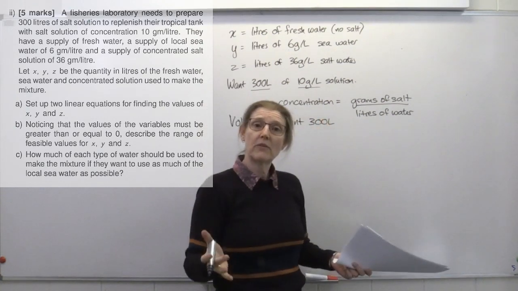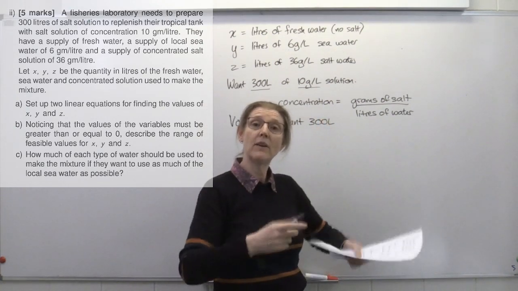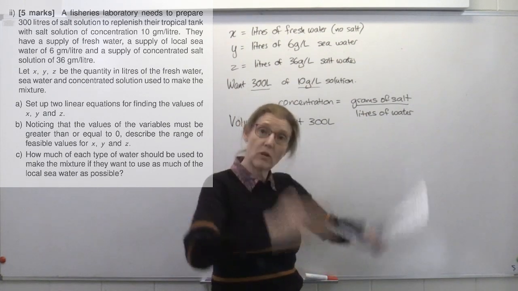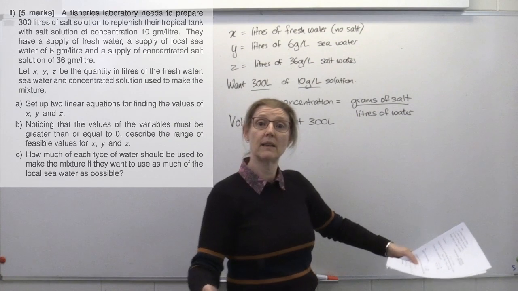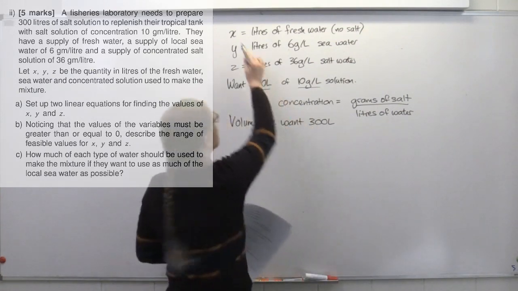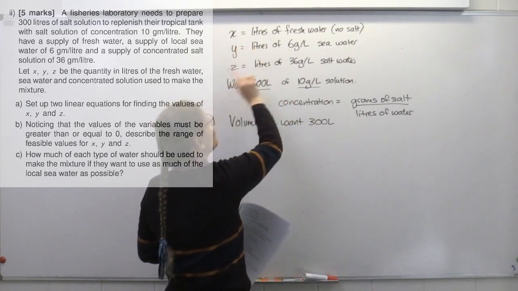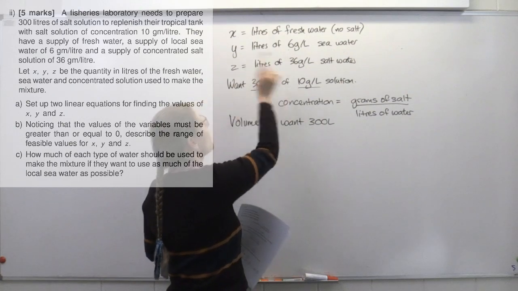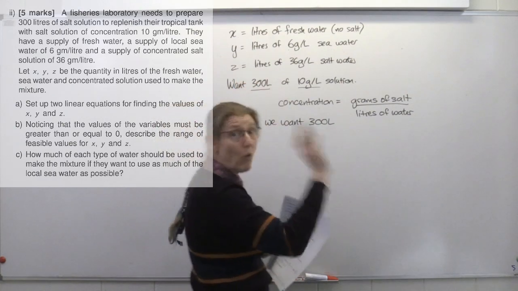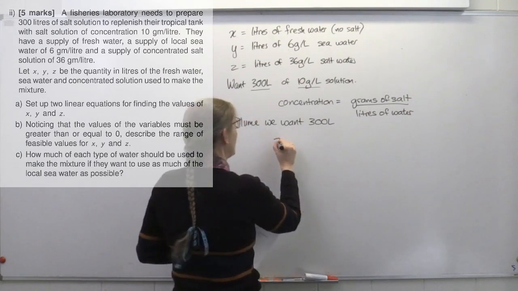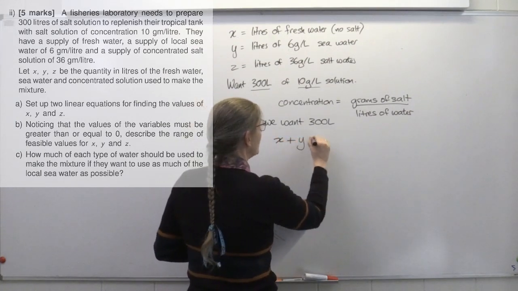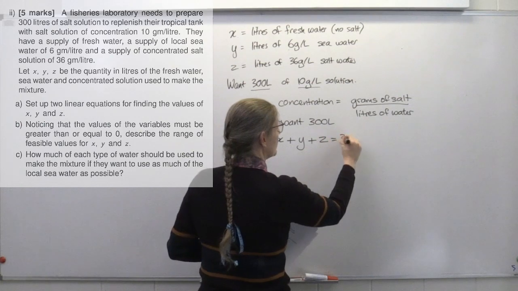How do we get 300 litres? Well, we have 3 solutions that we're plonking in the one bucket and we want it to be 300 litres. So that tells me that the litres of fresh water and the litres of seawater and the litres of the salt water all add up to 300 litres. So X plus Y plus Z is equal to 300.